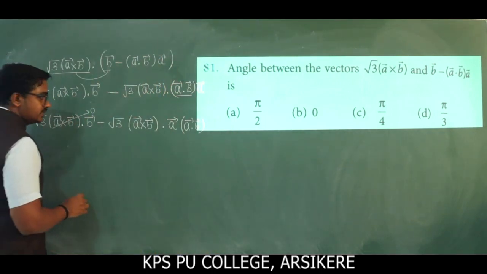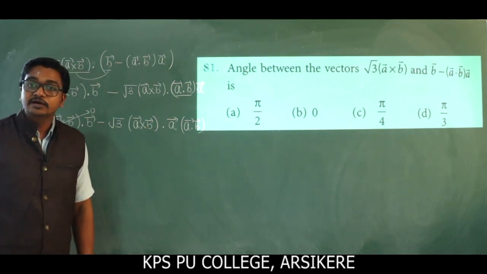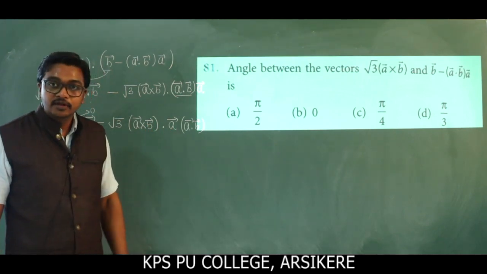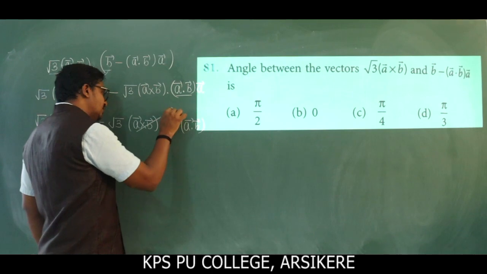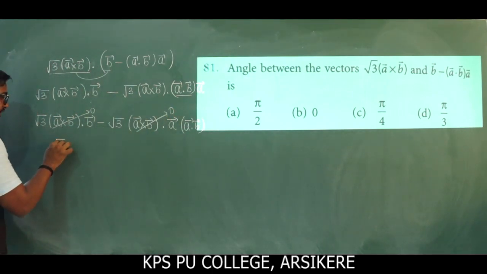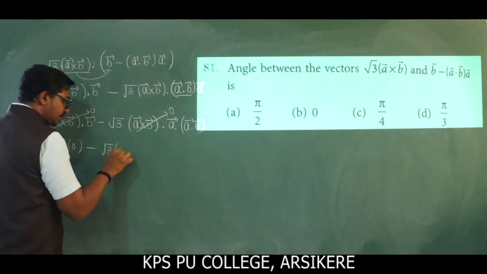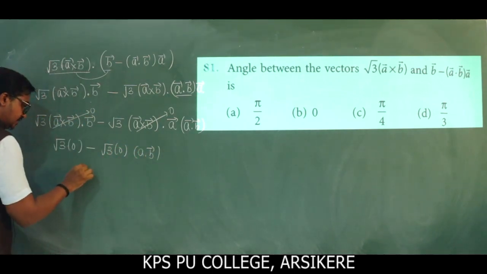This is 0. Similarly here, a cross b dot a is nothing but the scalar triple product of vectors a, b and a. Here a repeats two times, hence this value is also 0. We are left with root 3 into 0 minus root 3 into 0 into a dot b, which is 0 minus 0.